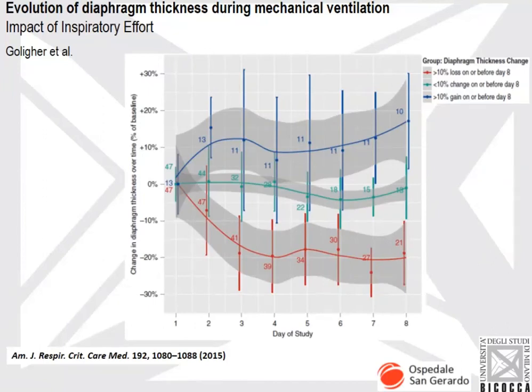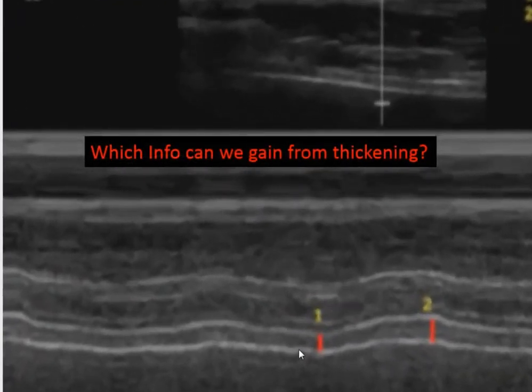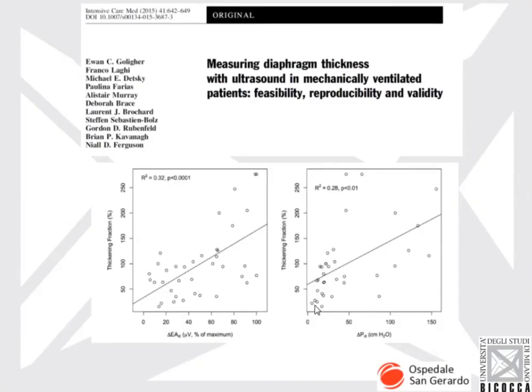So this data gives you, I would say, an overview of the health of the diaphragm, the status of diaphragmatic health. On the other side, you can gain some information from thickening. And as I say, thickening is an expression of muscle contraction.